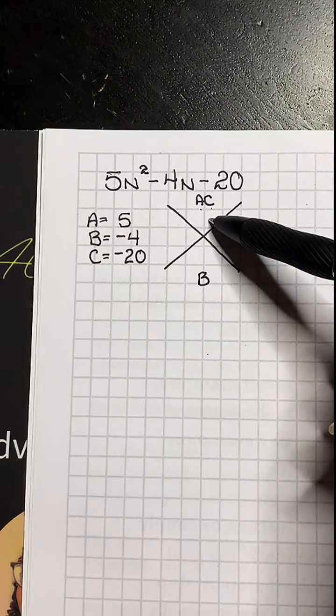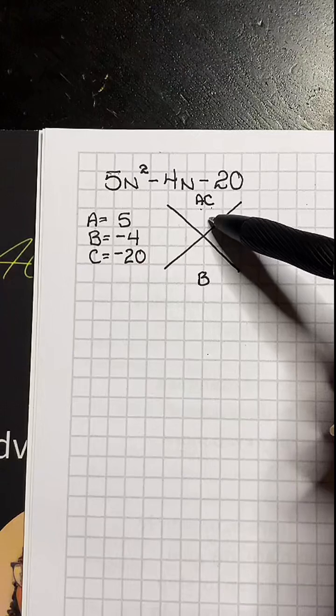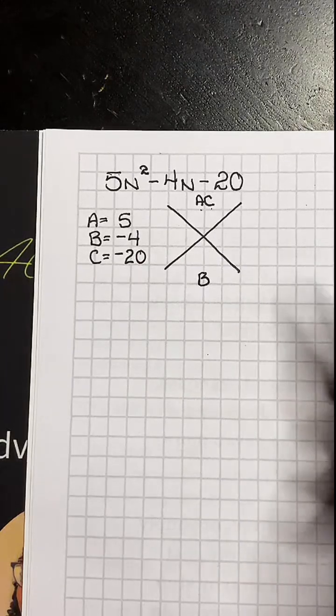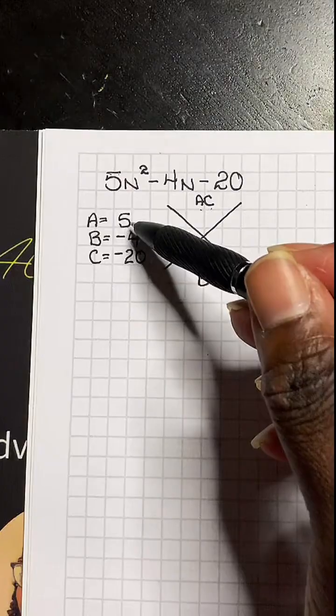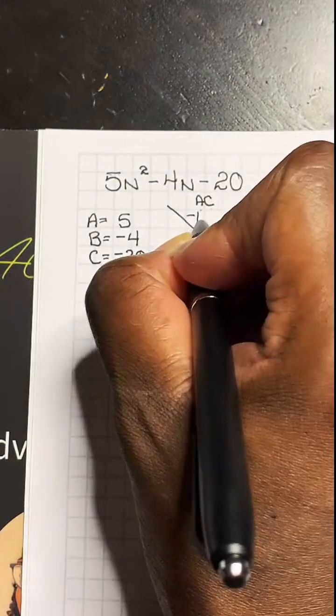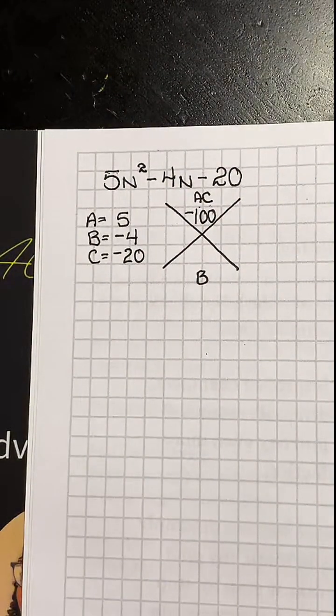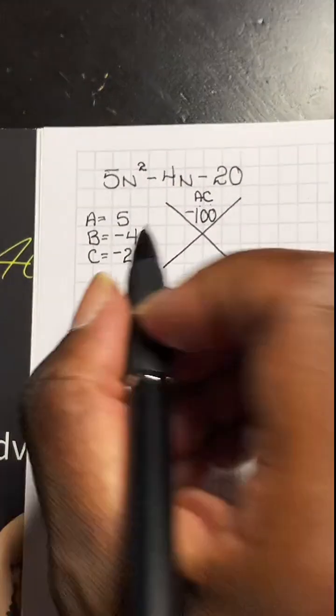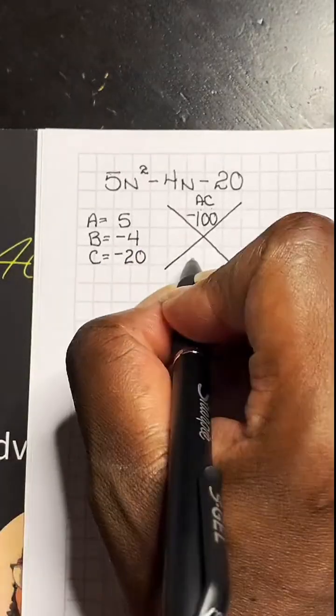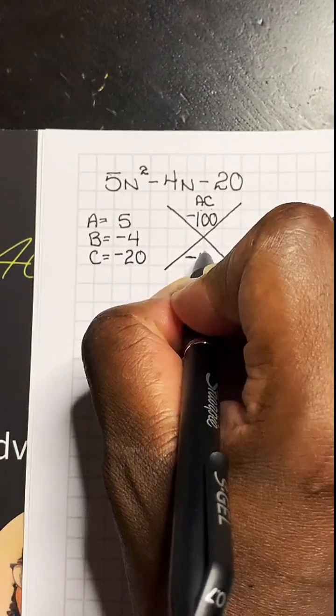There you go, Neek. So we have our 5 times negative 20. That gives us a negative 100. So then we have our b, which we have written, negative 4.